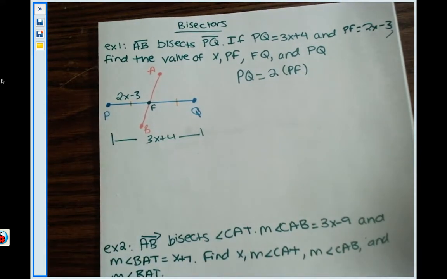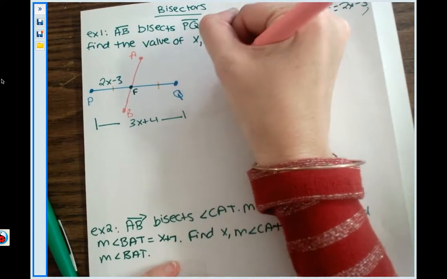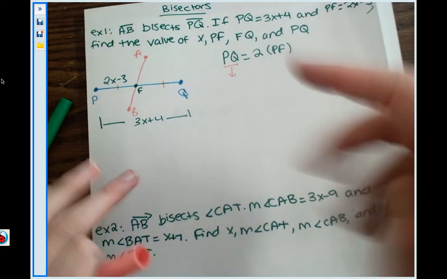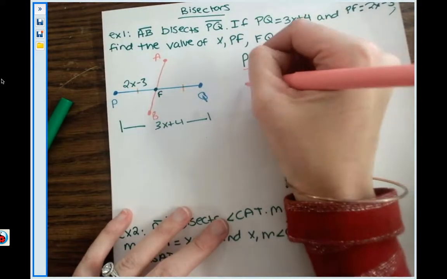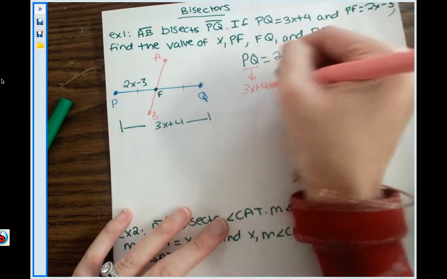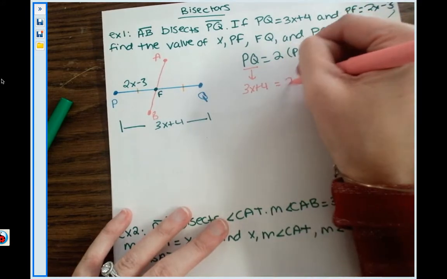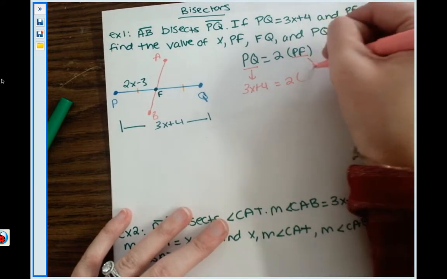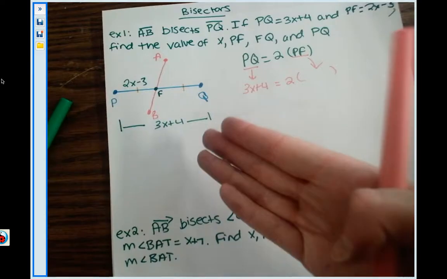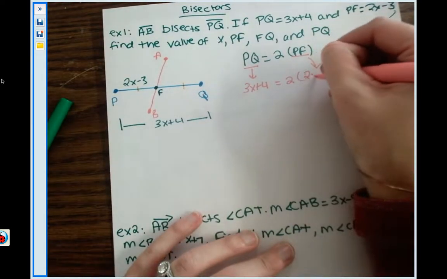Now I'm going to fill in the pieces where they belong. So my PQ is going to transform into what it equals, which is 3x plus 4, and that will equal 2 times my PF, which is going to transform into 2x minus 3.